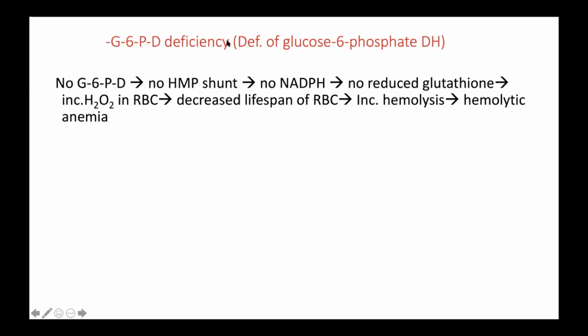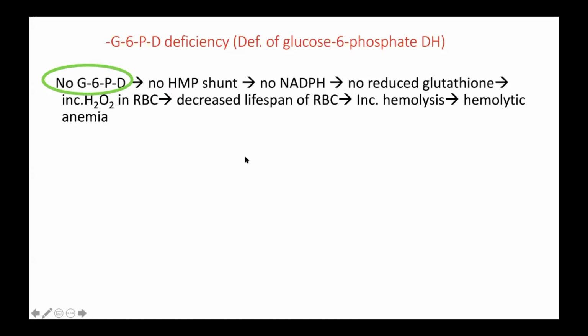So I'm using arrows here just to make things faster. So let's say there is the lack of glucose 6 phosphate dehydrogenase. This is how simple it is. If there is a genetic deficiency of glucose 6 phosphate dehydrogenase, then simply there is no hexose monophosphate shunt. Is that clear?